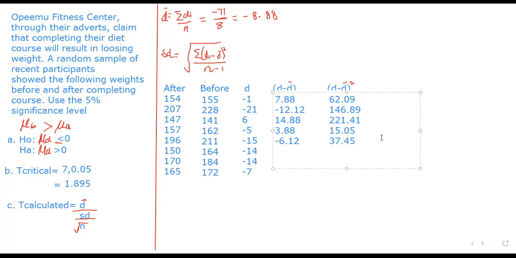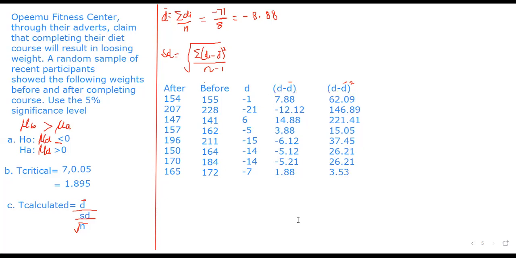This one, you are getting negative 5.12, squaring it we get 26.21. For negative 7, it will be 1.88, and the square of 1.88 is 3.53.